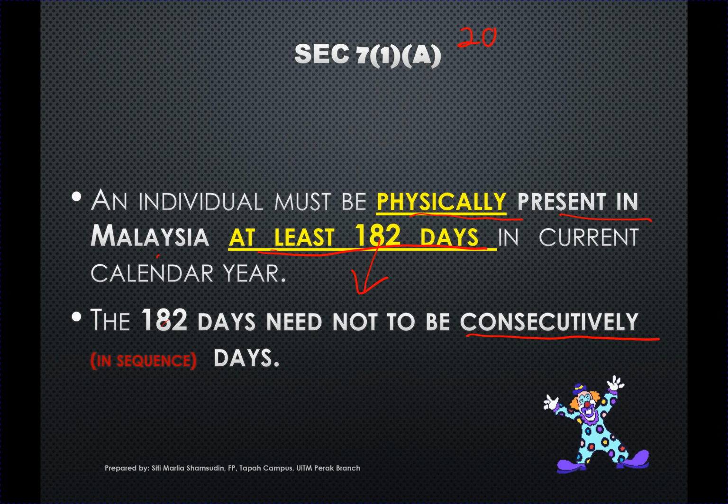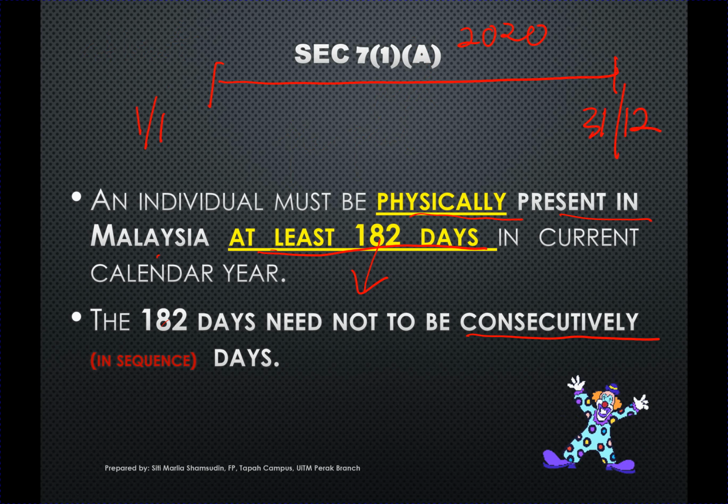Katalah in year 2020, kita akan start 1st January, sampai 31st December. This person, dia stay masa awal ni selama 40 days. Lepas tu dia left Malaysia. Dia masuk balik kat sini. Saya akan tunjuk yang simple dulu.